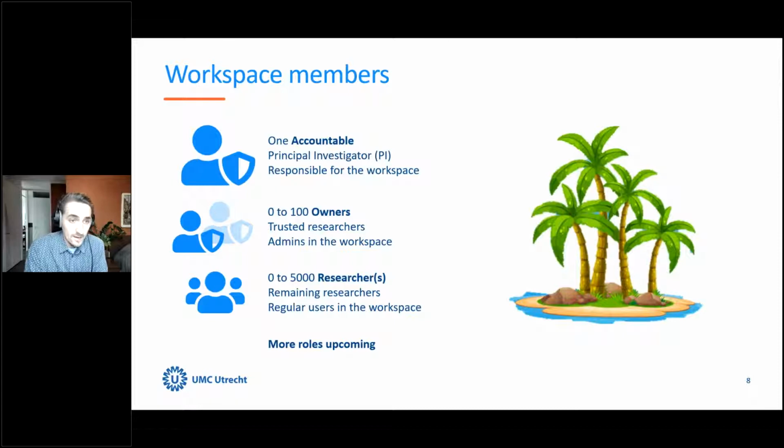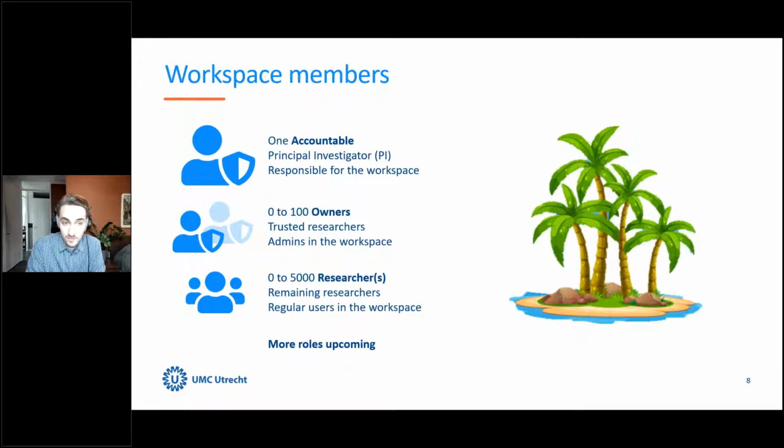I mentioned that we had two different roles within the workspaces. So all the members of a workspace, they have either the owner role or the researcher role, and that is also what you see here on this slide. It also says that there is one accountable, and that is the principal investigator. That is not something that we have listed within the system itself. Those people should just be regular owners within the workspace, but this is something that we register.